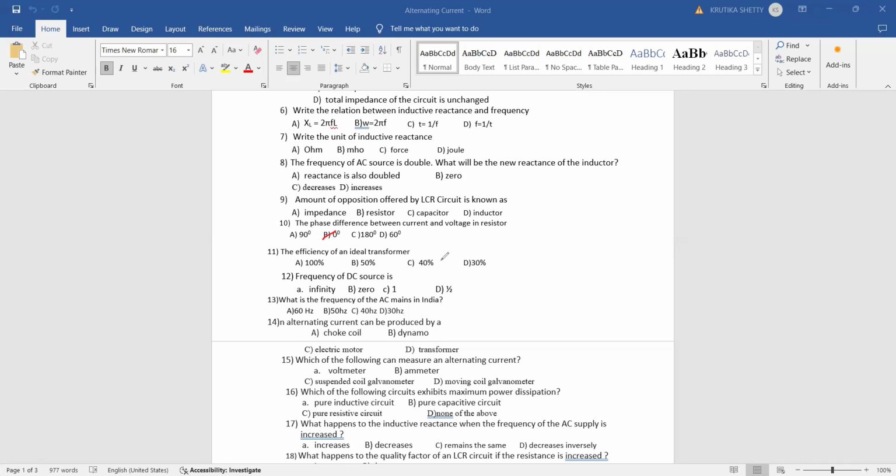The efficiency of an ideal transformer. For anything ideal, you can say what its efficiency is. Question number 11 we are discussing.